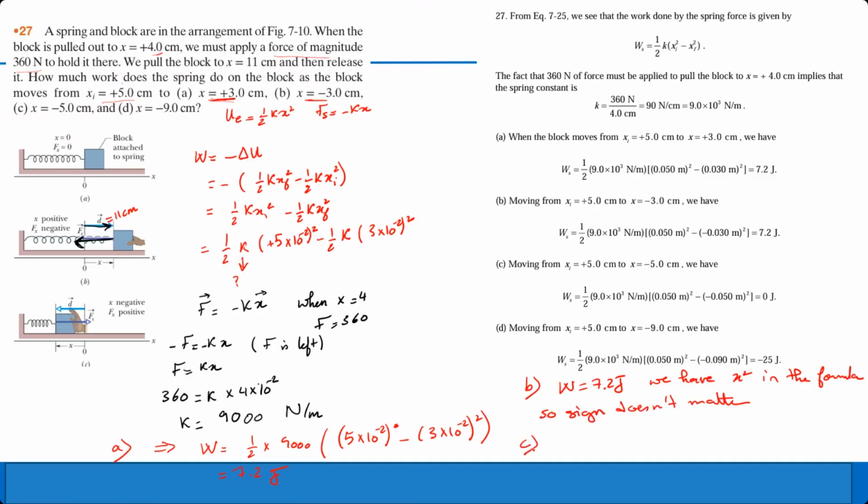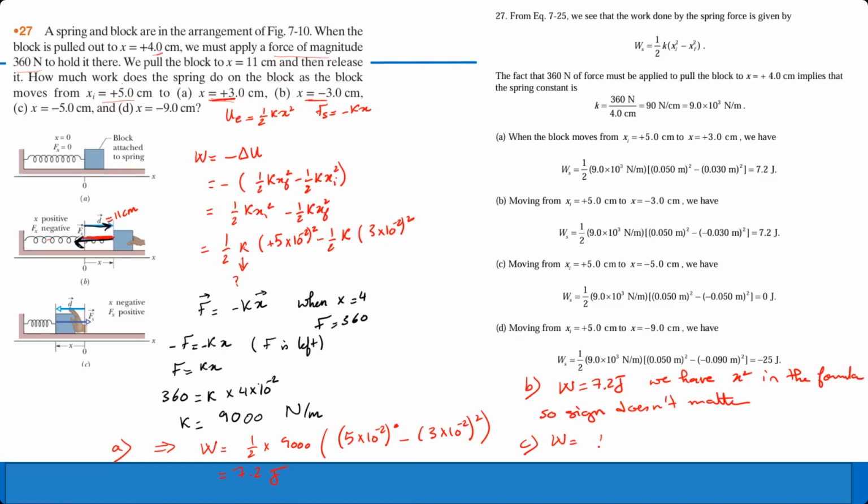In part C, we want the work done when going to x equals minus 5 centimeters. So x final is minus 5, so it's as if I have stretched by 5, and then I went all the way back to compress by 5 as well. Doesn't matter, let's look at the math.